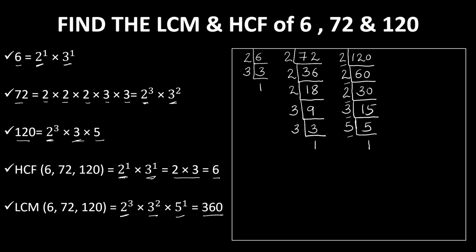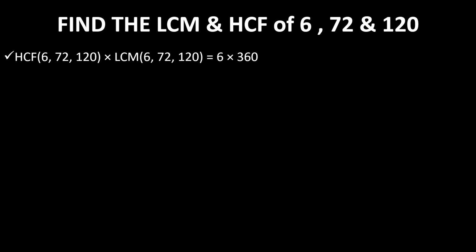So, we got that the highest common factor of these three numbers is 6 and the lowest common multiple is 360. Here we observe that HCF of 6, 72 and 120 into LCM of 6, 72 and 120 is equal to 6 into 360. If we multiply both of them, we are going to get 2160.